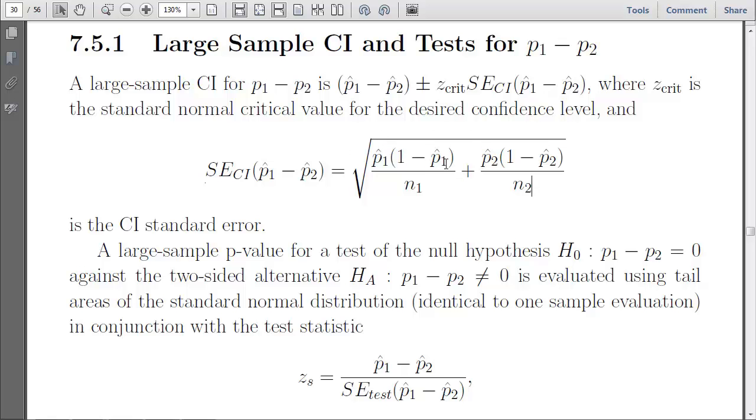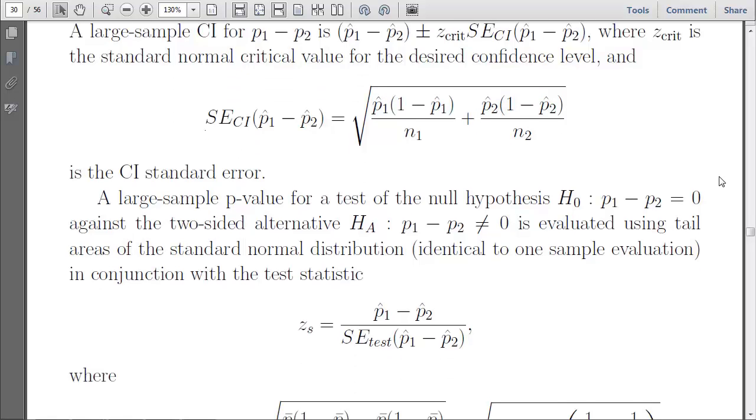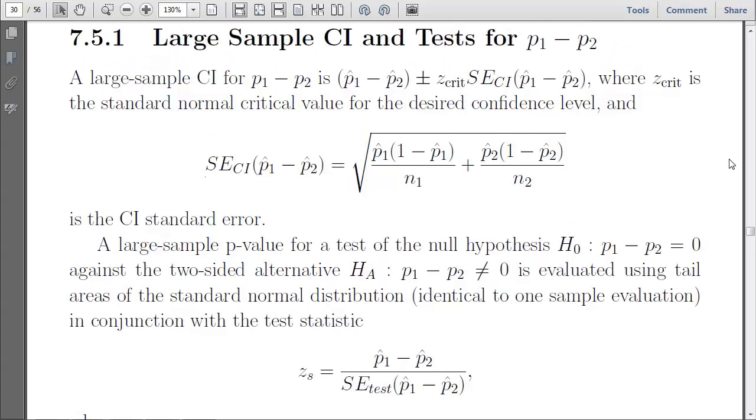Because we have independent samples, the total variance of the difference is just the sum of the variances. So that's why we see the sum of the variances under the square root symbol. And that's our confidence interval.